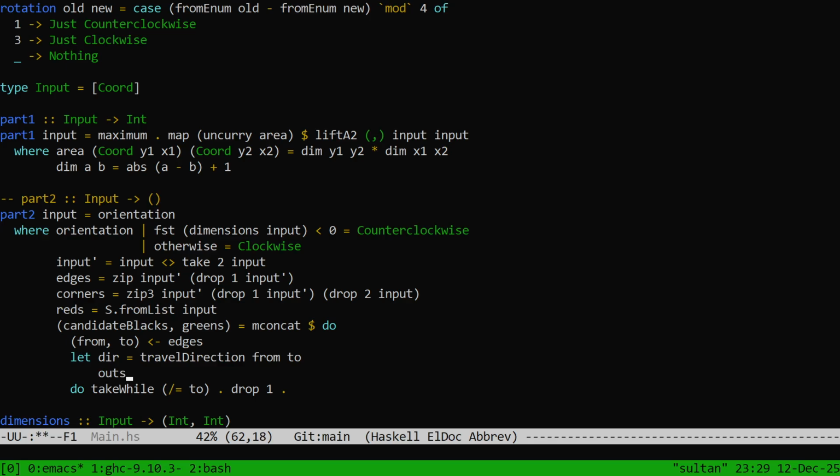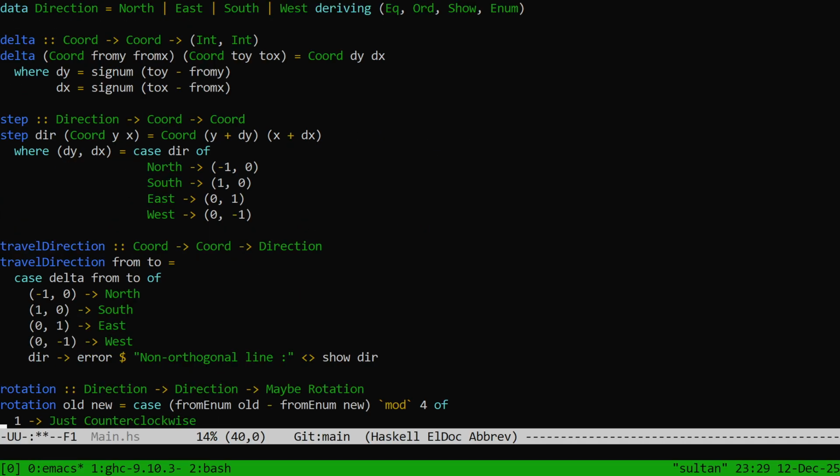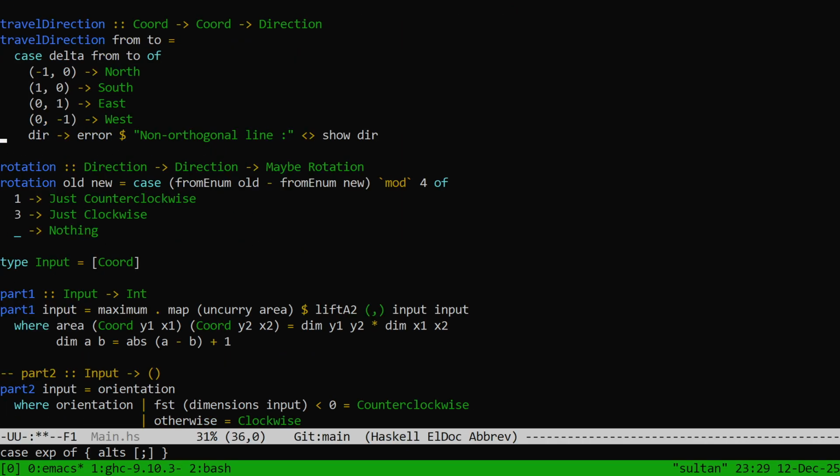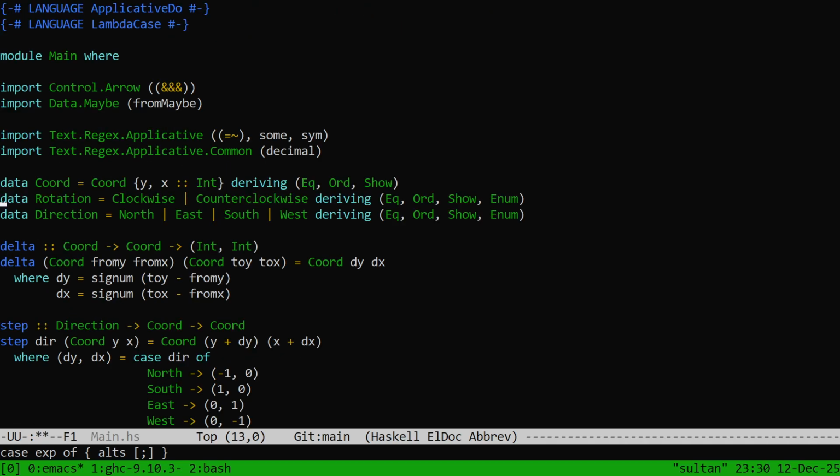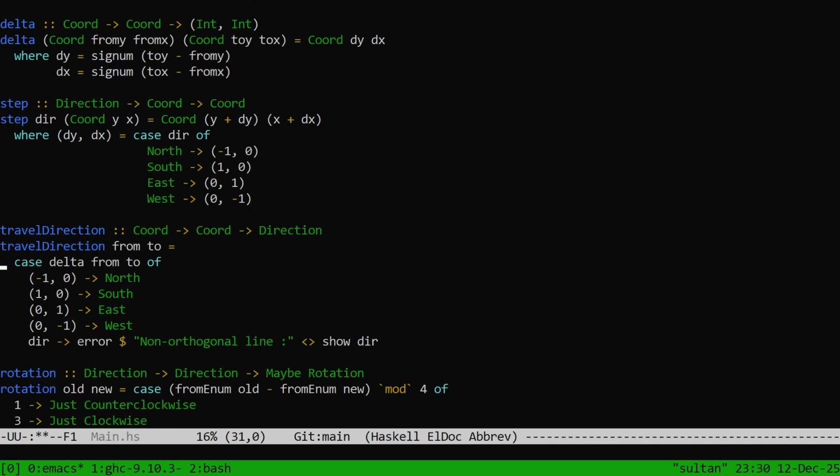Well, outside direction. I have an orientation. I have a rotation function. No, that's not what I want. God, am I missing another function?